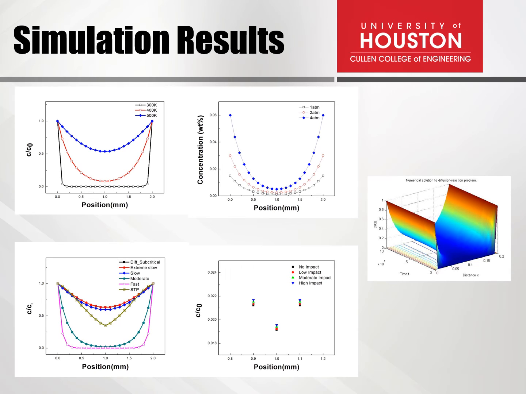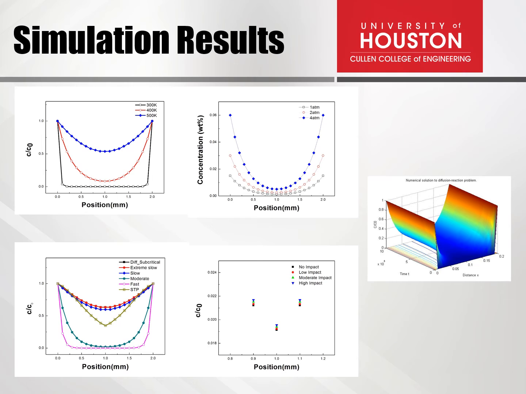We can also see the difference between the Fickian diffusion at standard temperature and pressure and the diffusion reaction process under the subcritical condition. Chemical reactivity under certain high temperature, high pressure conditions makes a difference that cannot be neglected.